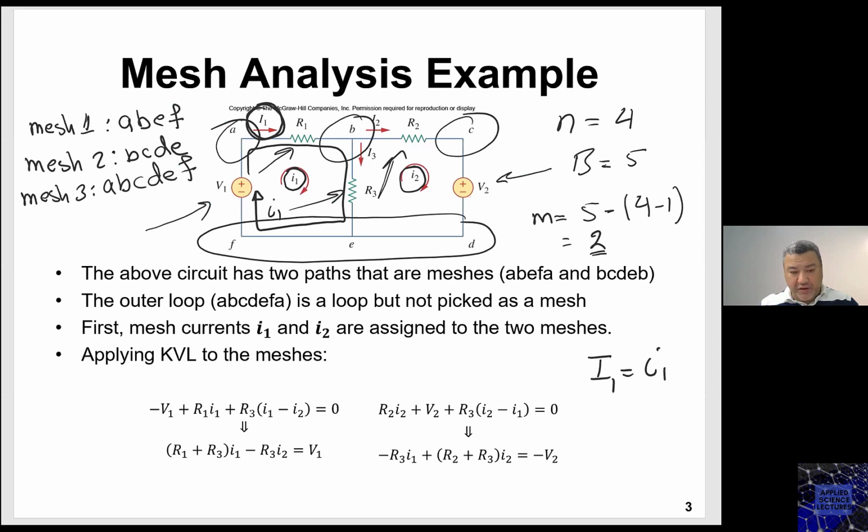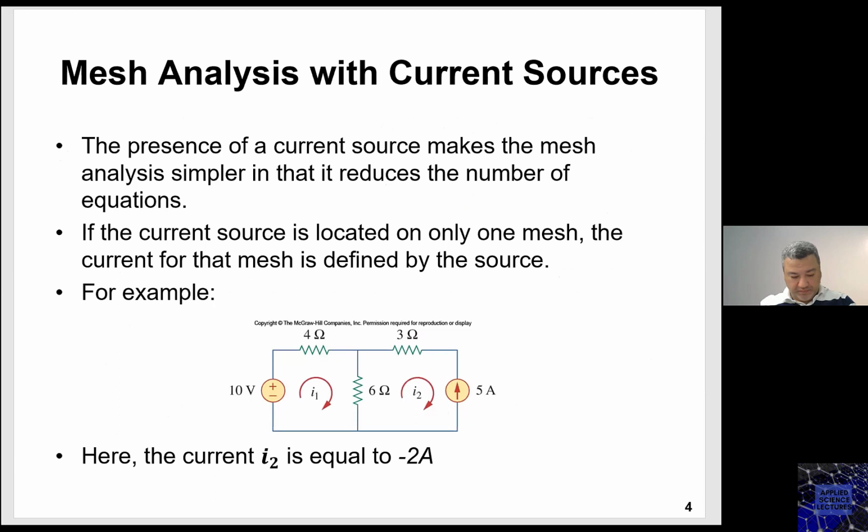So any other question before we move on to the mesh equations by inspection? So we will do the mesh equations by inspection after we talk about the introduction of the current sources.